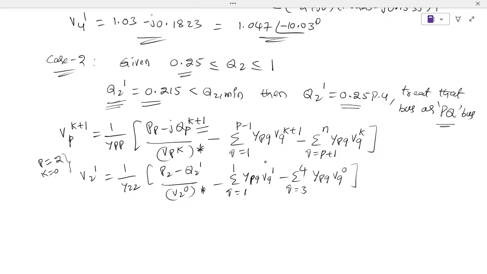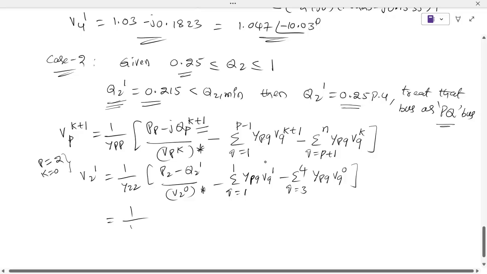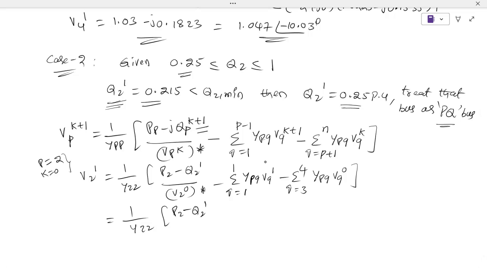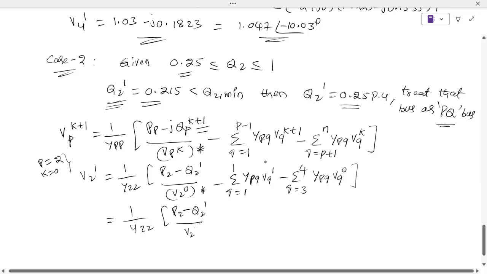Okay, it's clear. Now 1 by Y22 times P2 minus jQ21 by V2(0) conjugate. Here q equals 1 to 1, only one value is there.